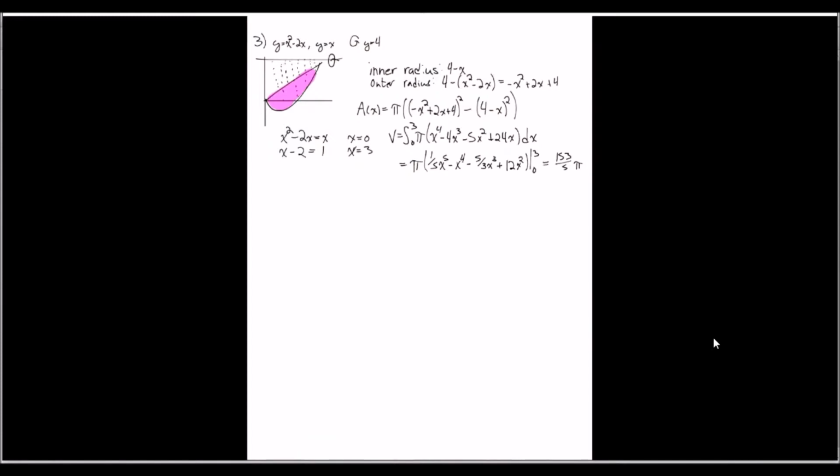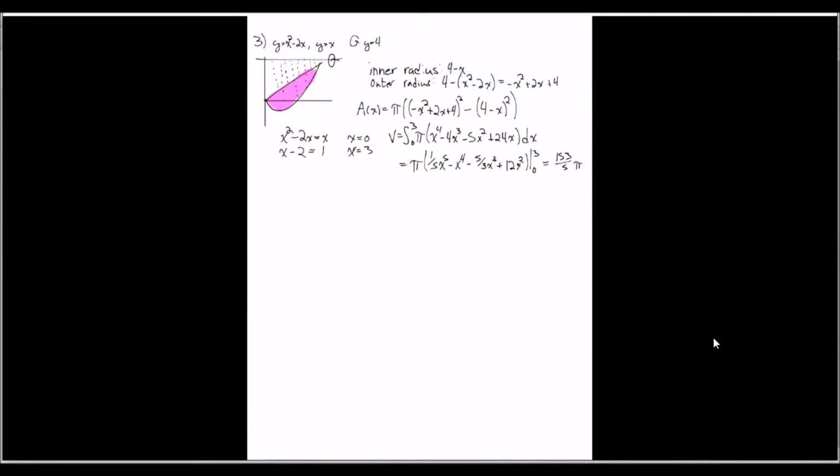Right. So again, the first step you should be taking is to decide what kind of shape you want to use, and go ahead and find your A of x or A of y function, your area function, and then just plug it into the volume integral, right?